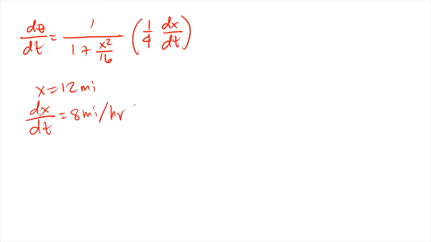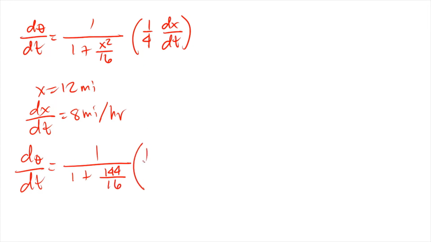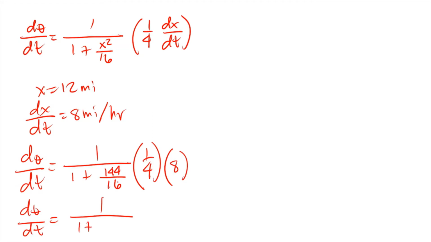Okay, so we have d theta dt equals 1 over 1 plus x squared, where x is 12, so 12 squared, that's 144 divided by 16, times 1/4 times dx dt, where dx dt is 8 miles per hour. So times 8. Okay. Simplifying, we get 1 over 1 plus 144 over 16, that's 9. And then 1/4 times 8, that is 2.